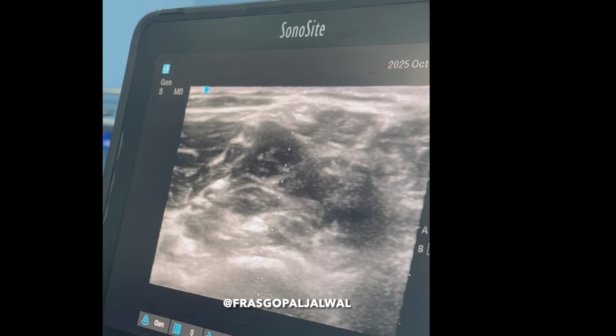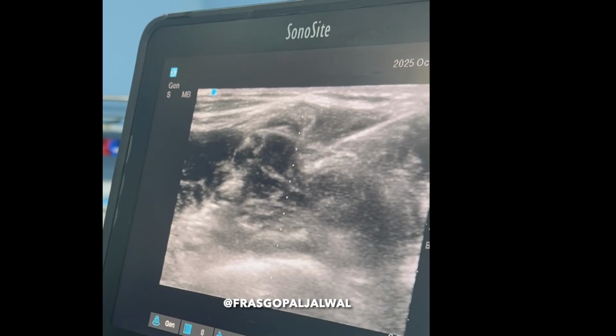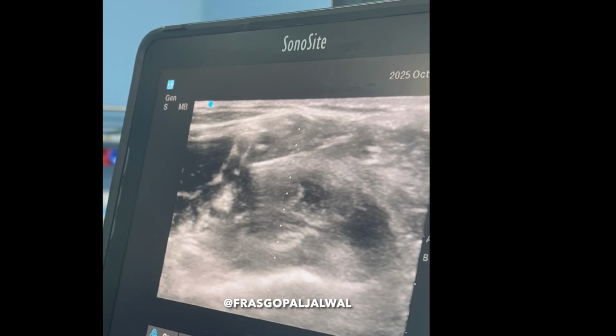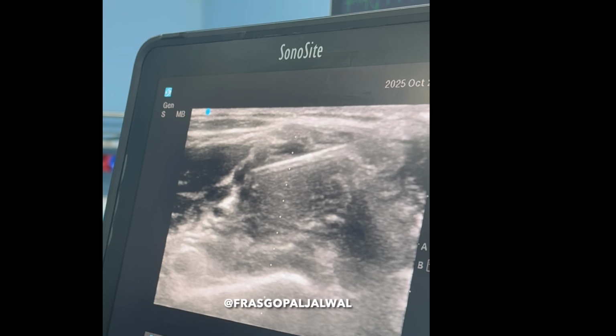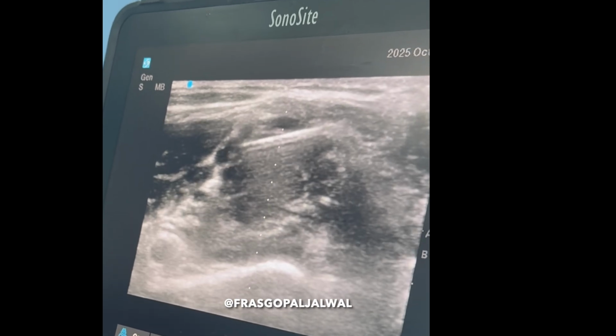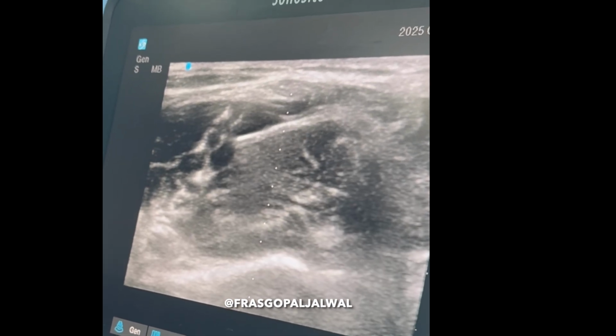Here you can see my needle is approaching between the C5 and C6. Now I am going to inject the local anesthetic.